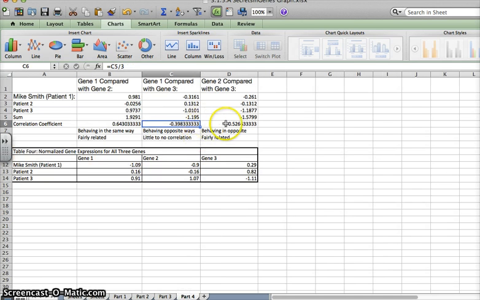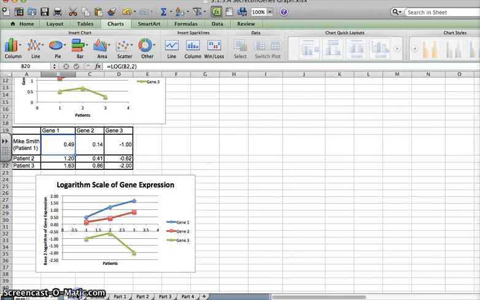Now, if you look at this, gene 2 is a little bit more correlated to gene 3 than gene 1 is, and that's just because they're behaving a little bit closer together, in a similar way. But again, all we're trying to do is see, is there a pattern here?